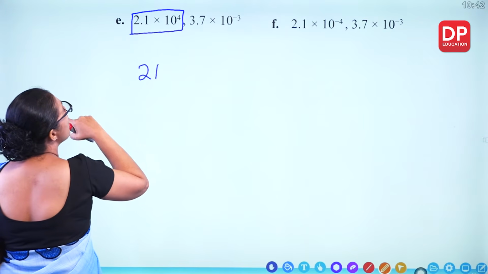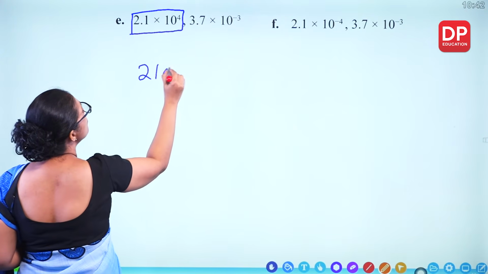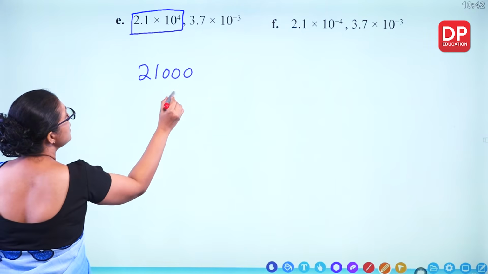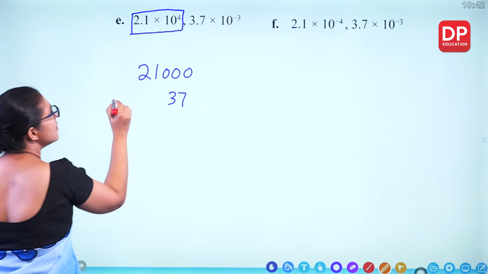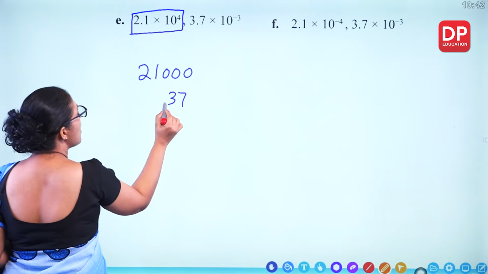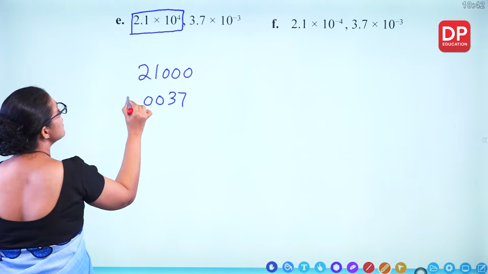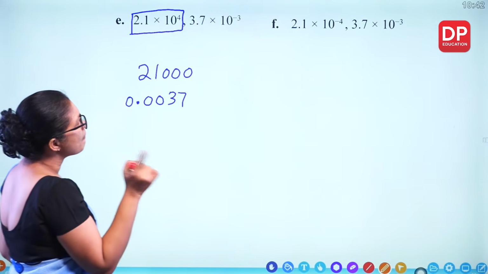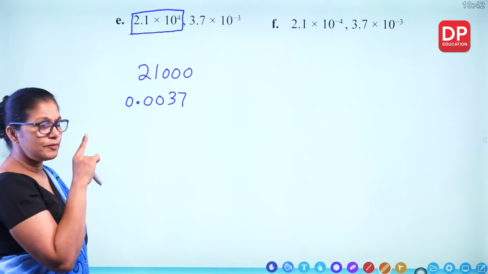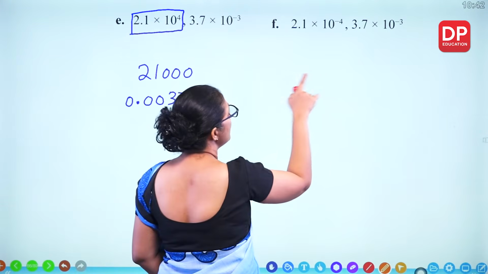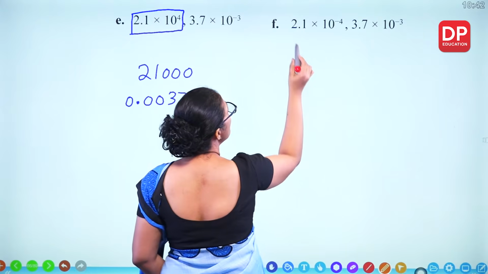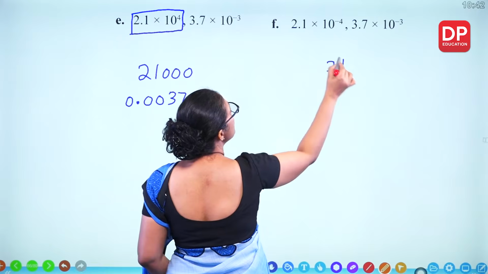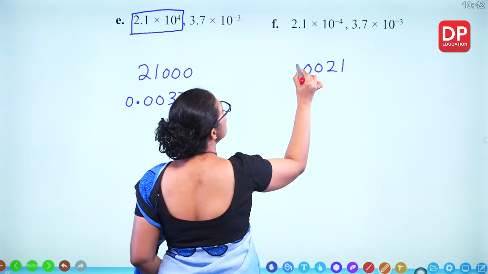You get 2, 1, 21, 1, 2, 3, 4. Other number 3, 7. This is 3 places to the left. 1, 2, 3. So this is a smaller number. Both are decimal. You need to be careful with this one. So if you write in general form, what's the number? 2, 1. And how many places? 1, 2, 3, 4.